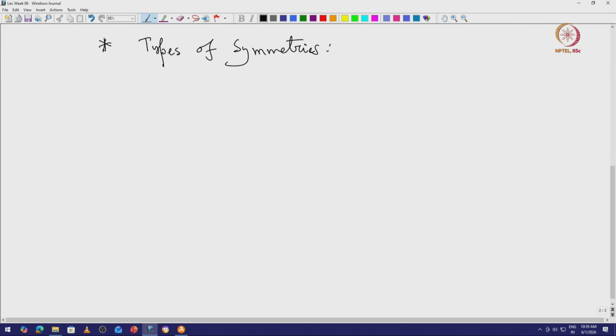So, there are continuous symmetry. Let me even start with that. So, the way we approach this chapter is that we do have a manifold, which is kind of your space time.